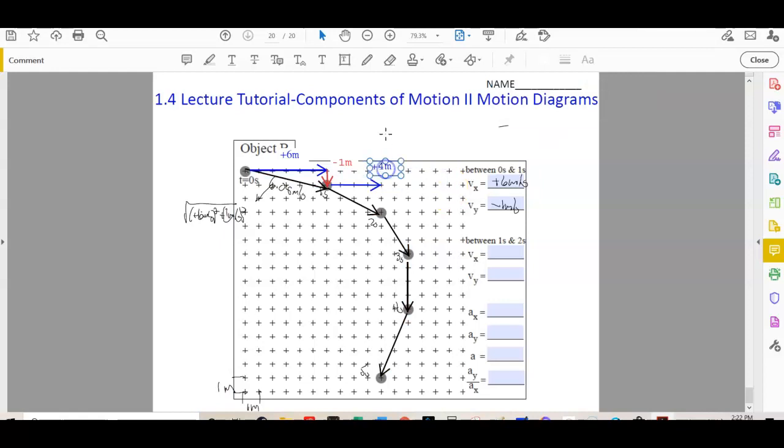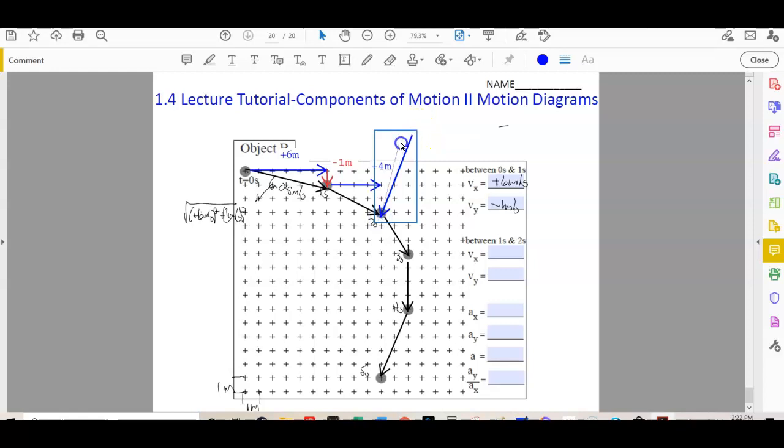So there's a little bit of a change. It was going 6 meters per second from 0 to 1 seconds, and now it's going positive 4 meters per second from 1 to 2 seconds. Okay, well, let's see what its displacement vector is in the y direction. Okay, well, let's get an arrow. We're going to draw an arrow.